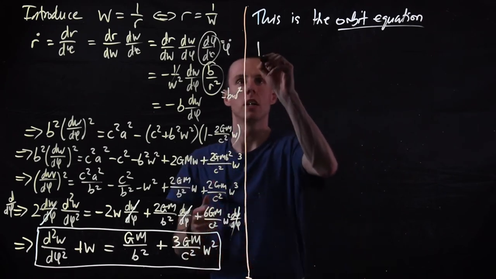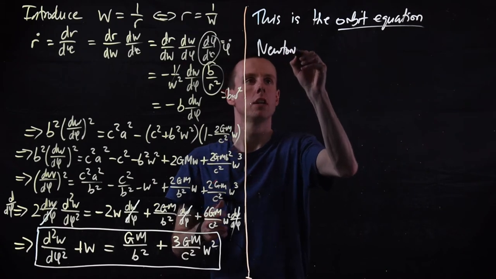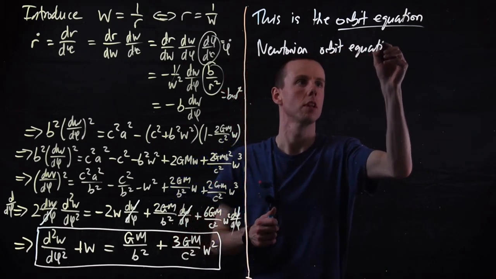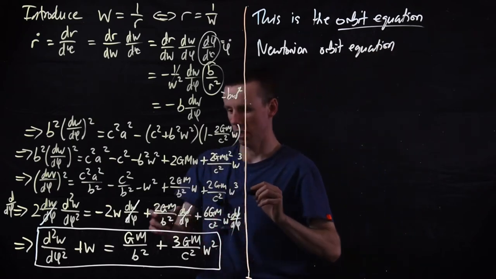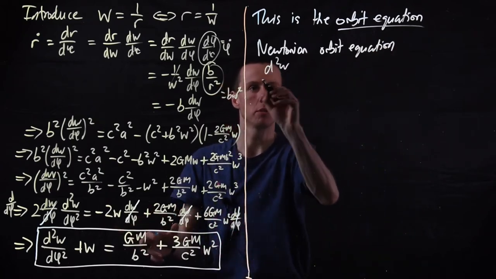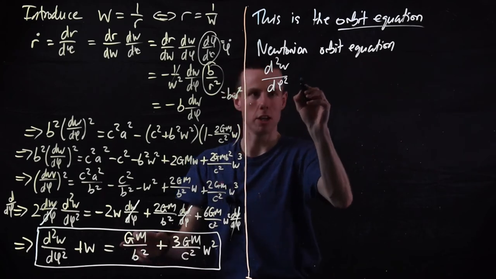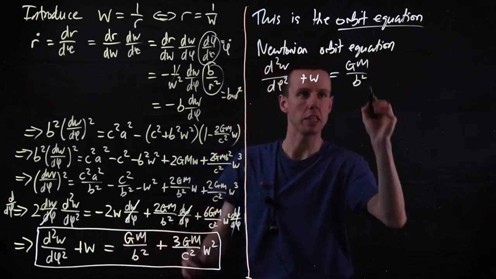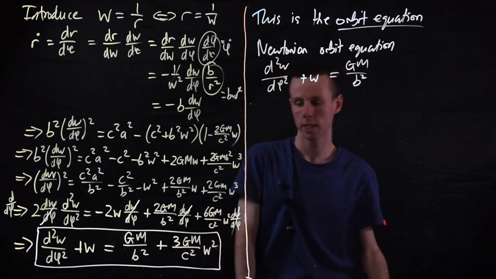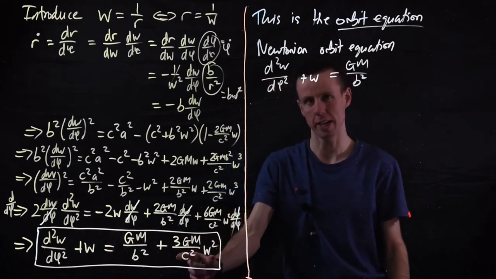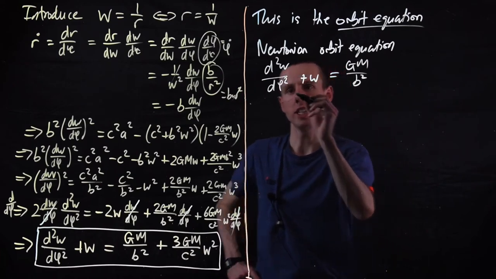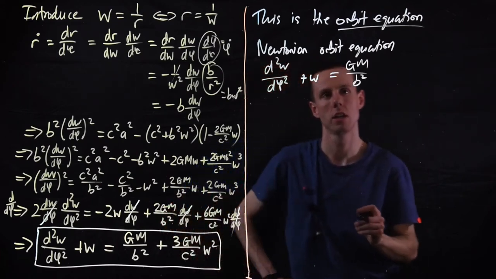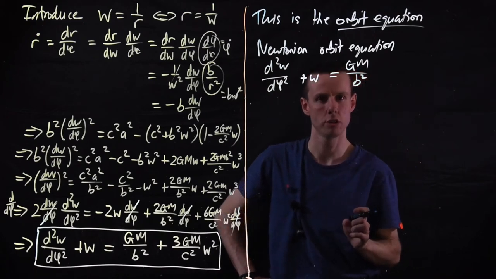So the Newtonian orbit equation is the same thing: d2w by d phi squared plus w equals gm over b squared, some constant squared. And in fact, this is an equation that you know how to solve.